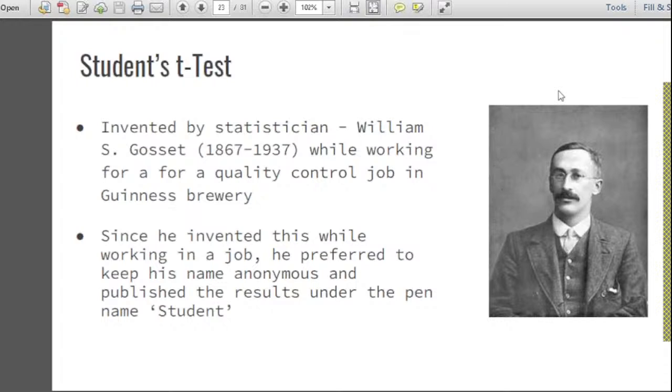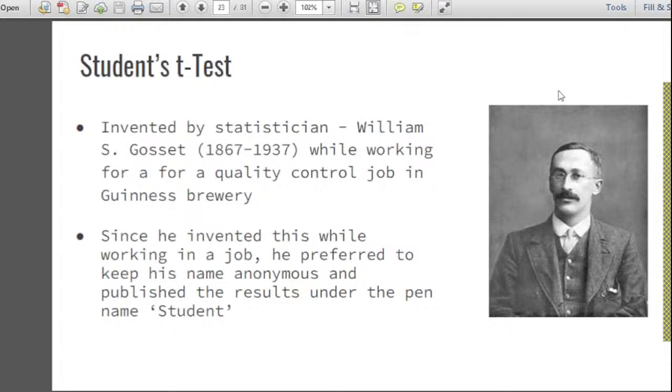Very interesting. This is one of the most used tests, even more than Z, and one of the most interesting tests, especially understanding what a t-test is.